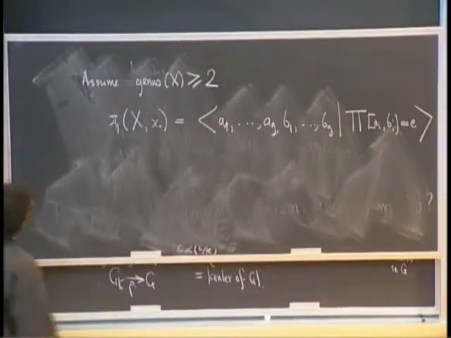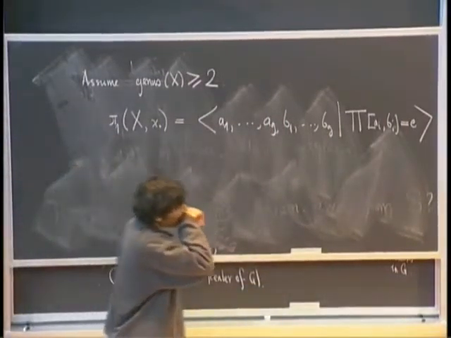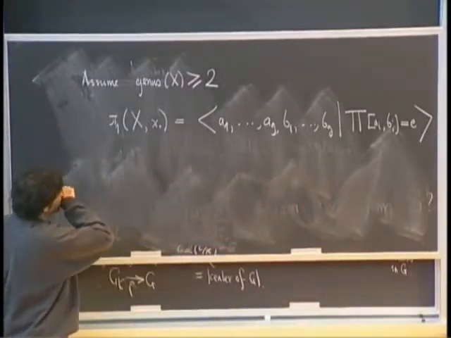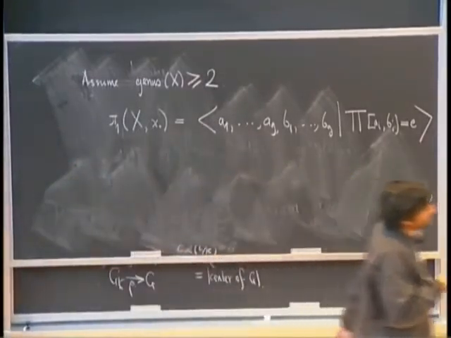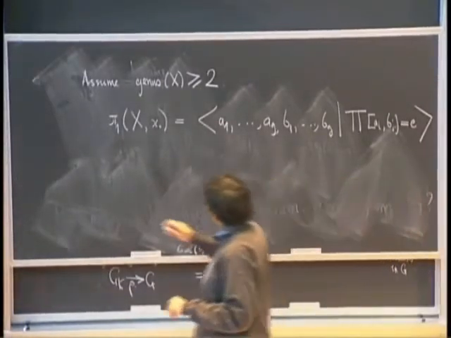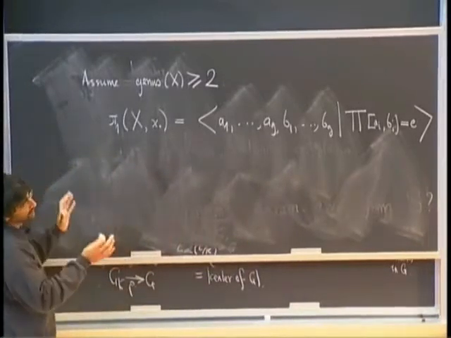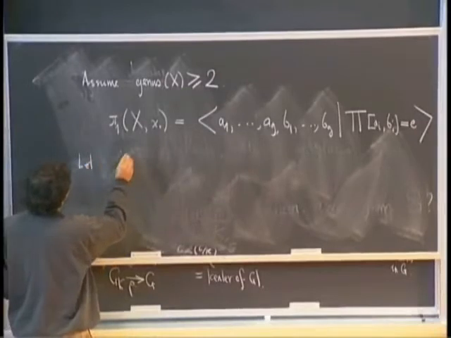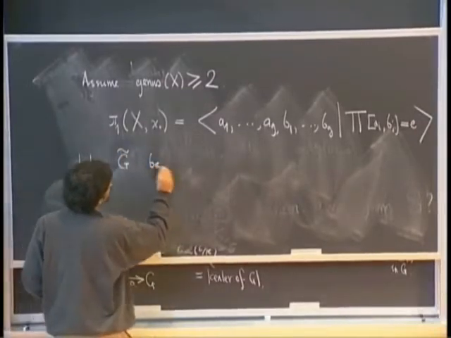All right, so now this Schur multiplier, what it is, is essentially the kernel of the universal central covering. So let this be a universal covering.